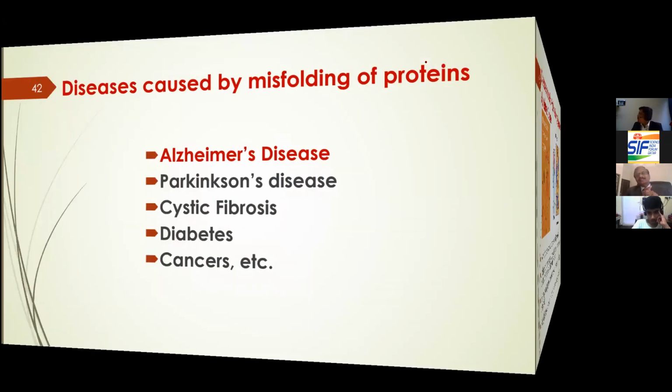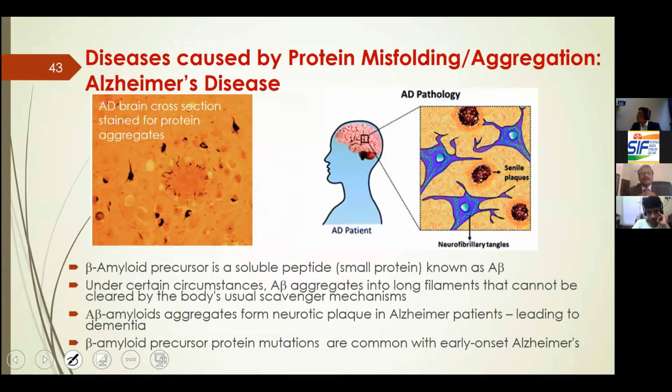Okay, so let's quickly try to understand what this Alzheimer's disease is all about. Now, if we take a person that has died because of Alzheimer's, take a cross section of their brain and stain it for protein, you find these black patches.